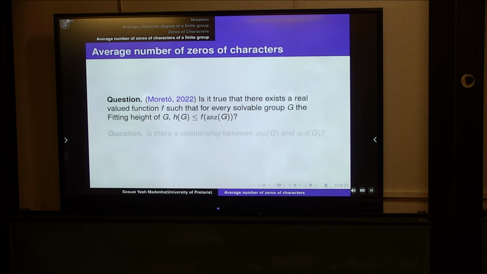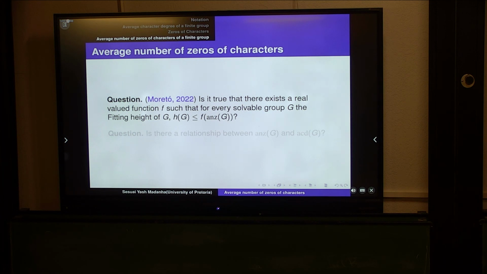Then Morito looked at his classification and saw that for average number of zeros less than 1, you can actually bound the Fitting height of a solvable group. And then his question was, well, is this true for any solvable group?